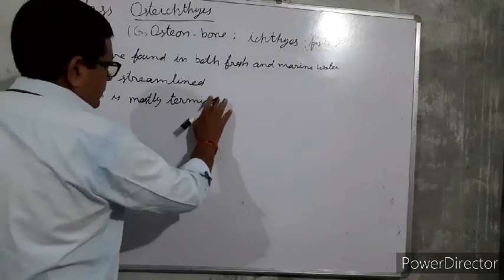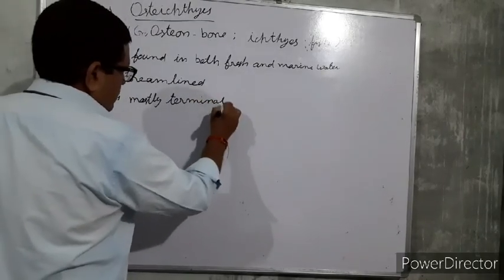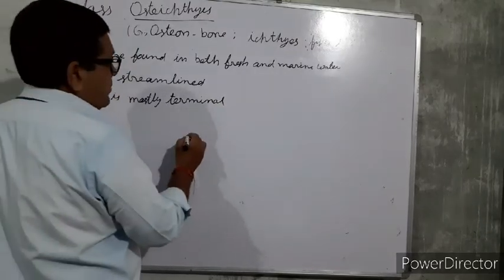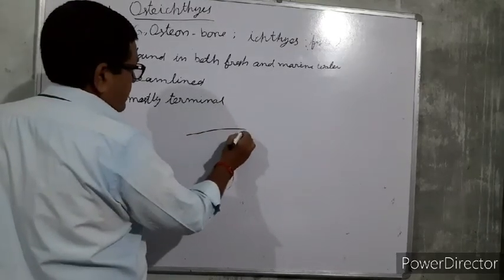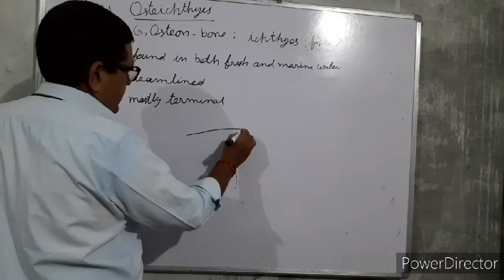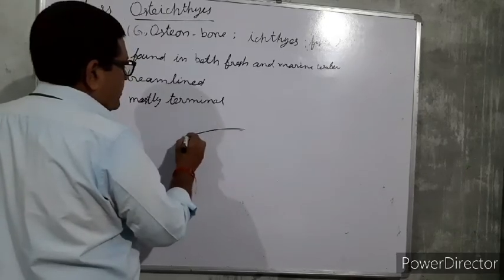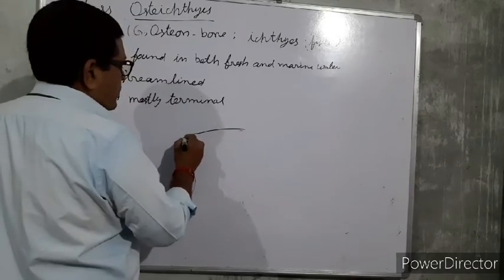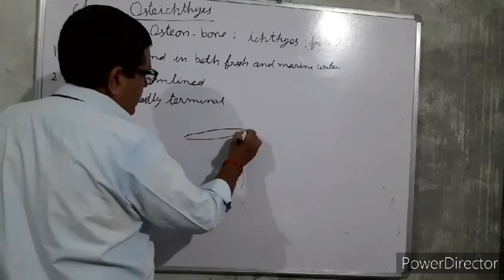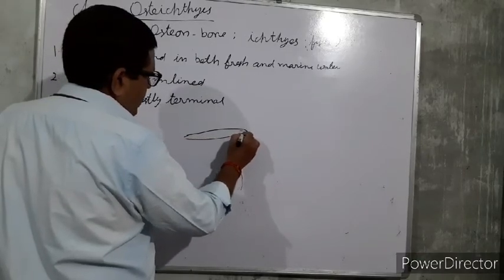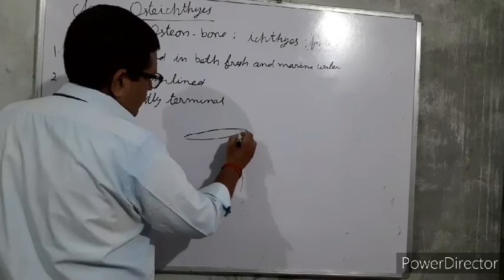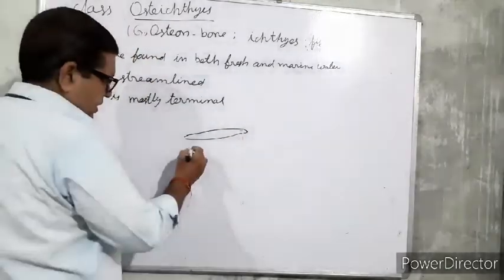As we have studied in the case of sharks and rays, the mouth is found ventrally. But here the mouth is found toward the terminal.